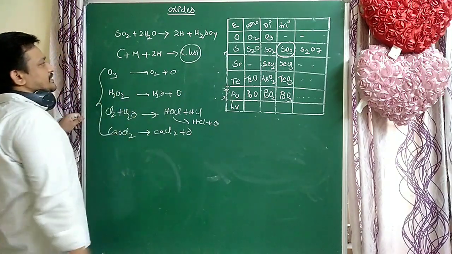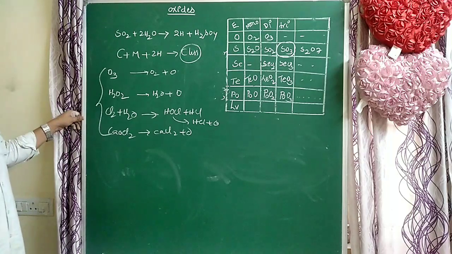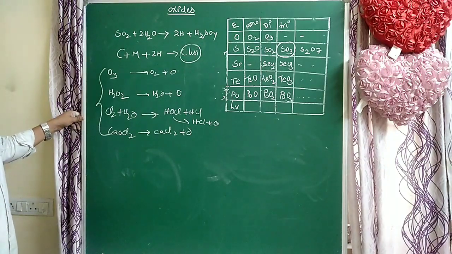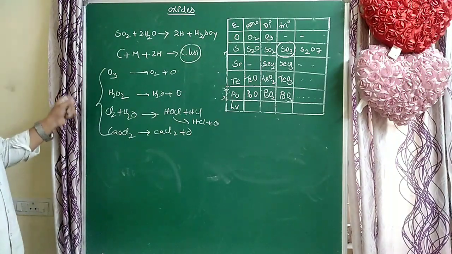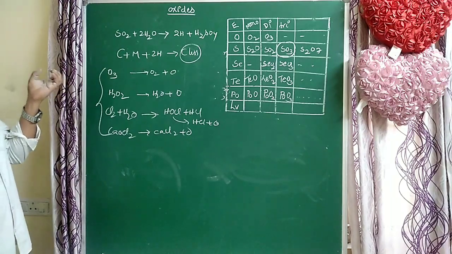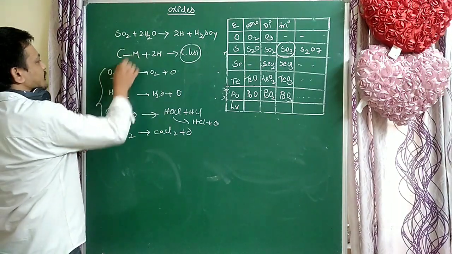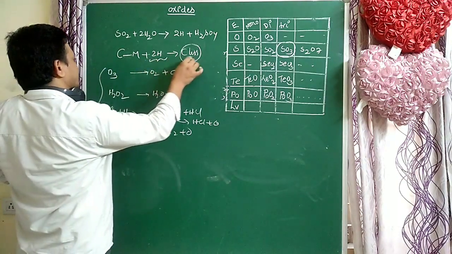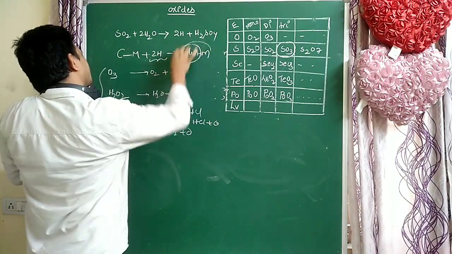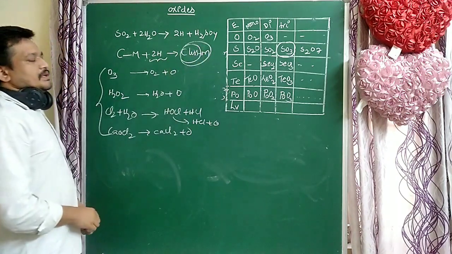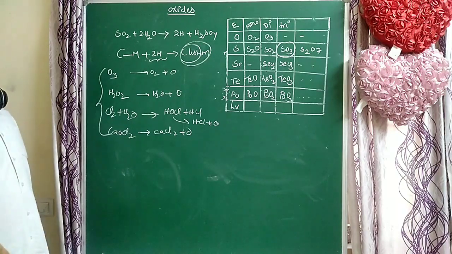SO2 bleaching action is due to reduction. The nascent hydrogen is added to color matter to form colorless matter. This is some information about dioxides.